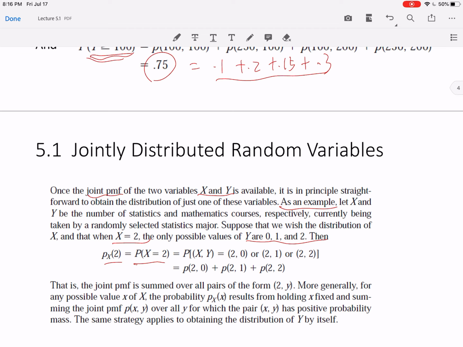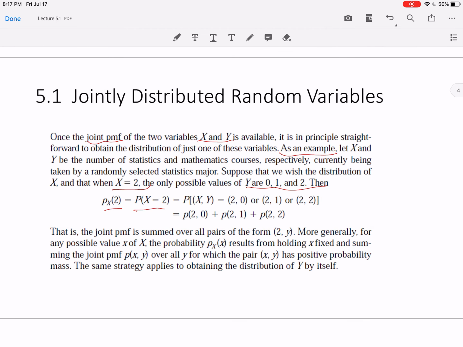As what I just mentioned up here, if we are looking for the probability that x is equal to 2, we don't have to worry about the value of y. Y could be any number it could be, okay? We just need to guarantee x is equal to 2. So of course, when x is equal to 2, y could be 0, so we need the probability of (2, 0).